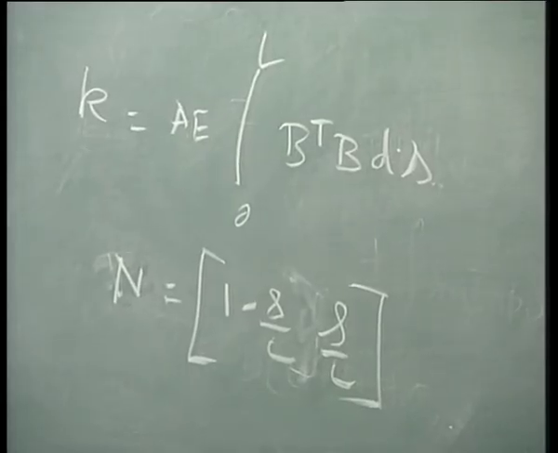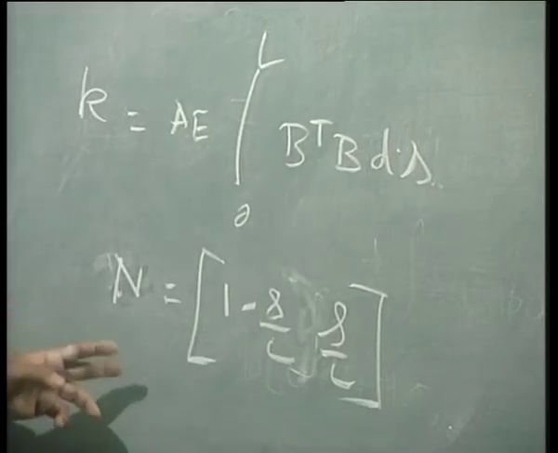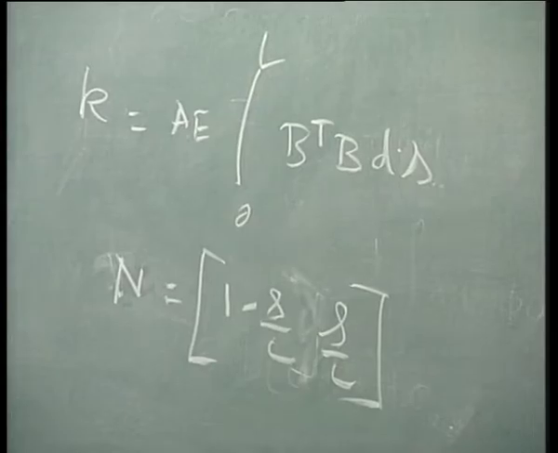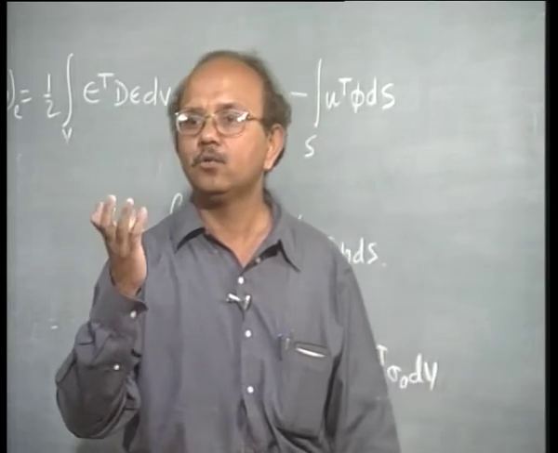So what is B matrix now? Dou of N, where the dou operator is now dou by dou S, correct.